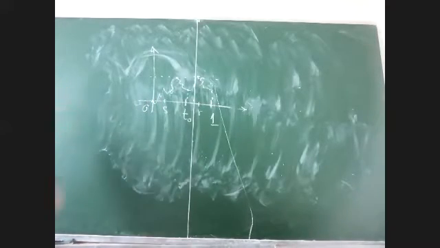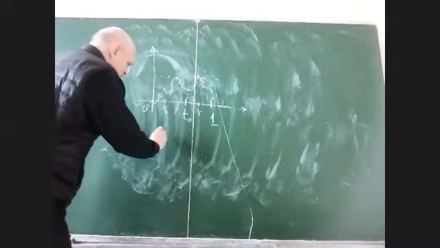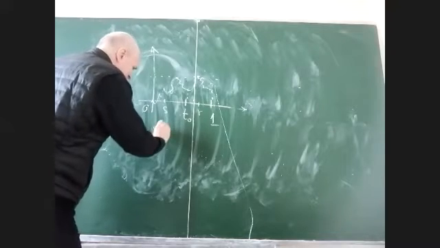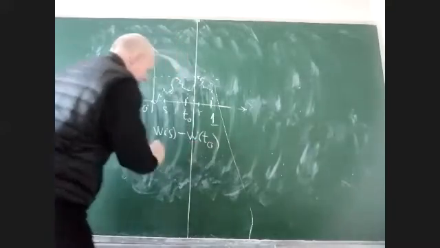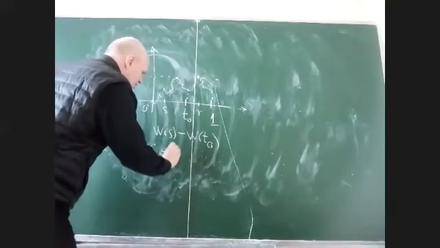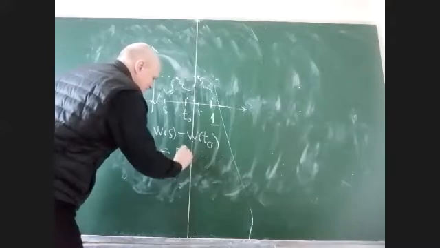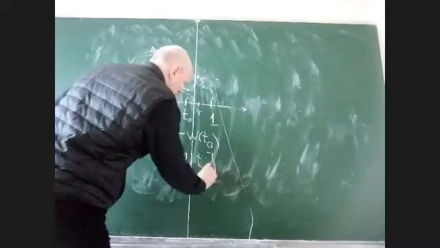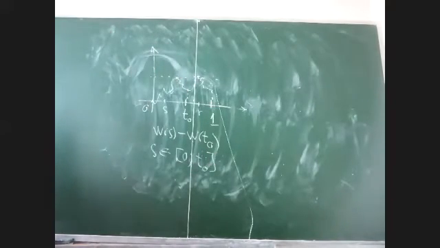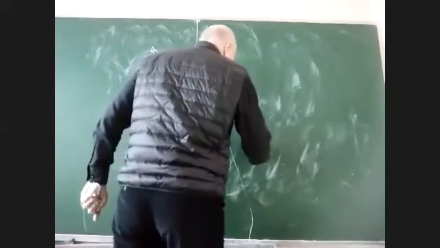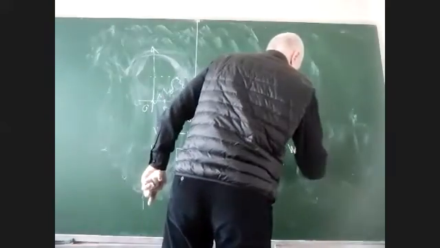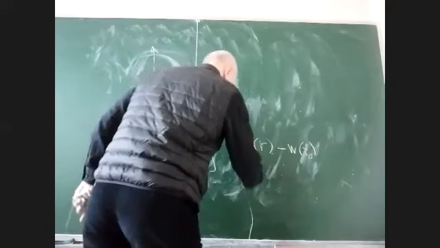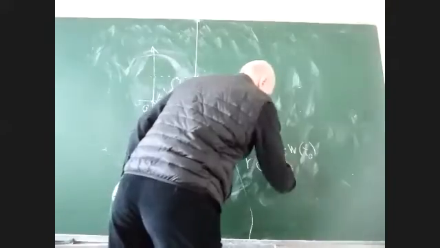Then I will consider the following two processes. One is W(s) minus W(t0) for s belonging to 0 to t0. And another one is W(r) minus W(t0) for r belonging to t0 to 1.